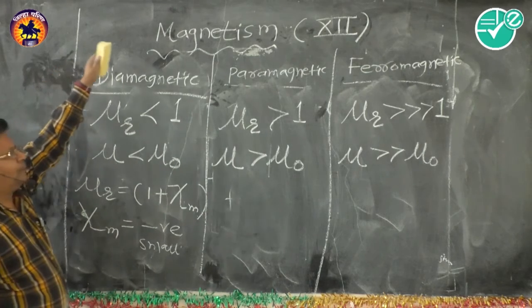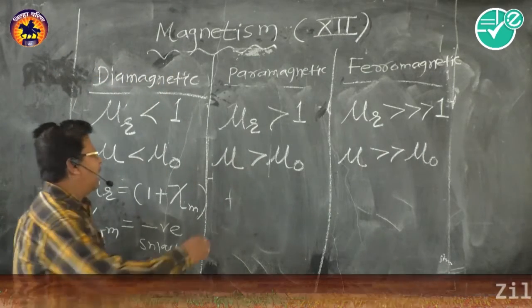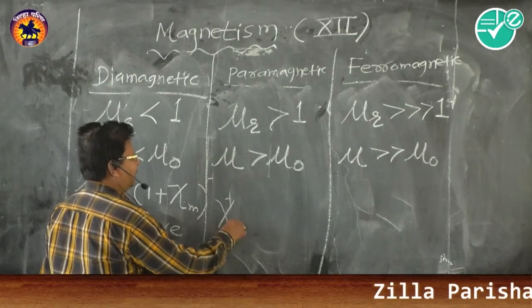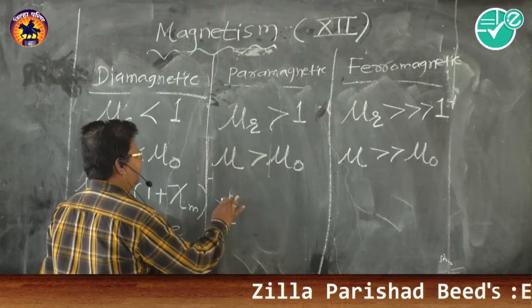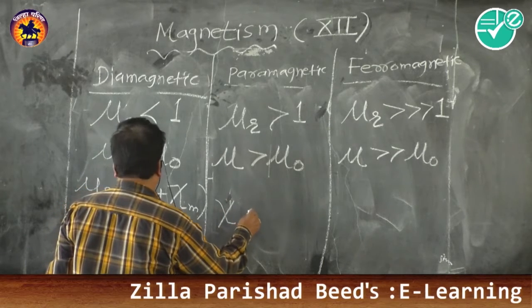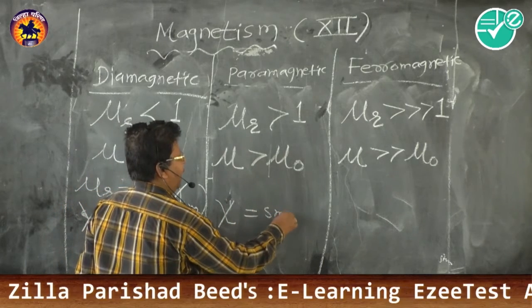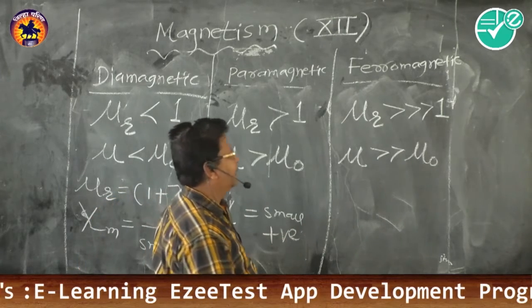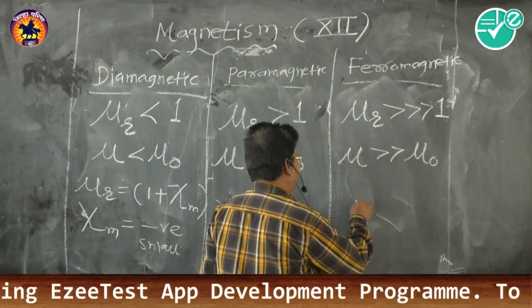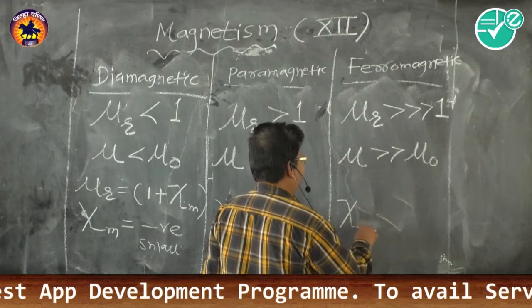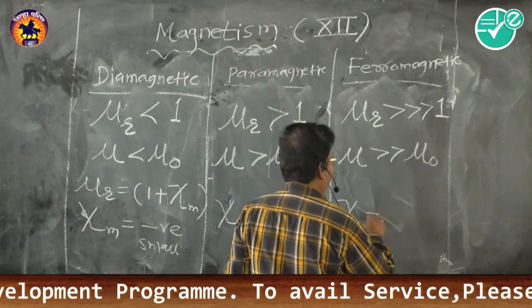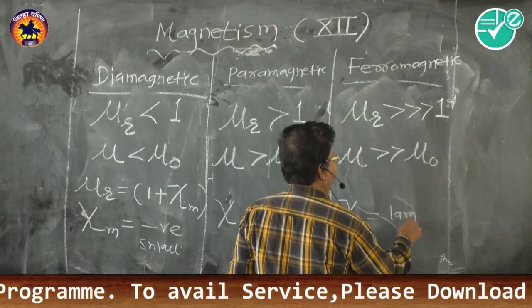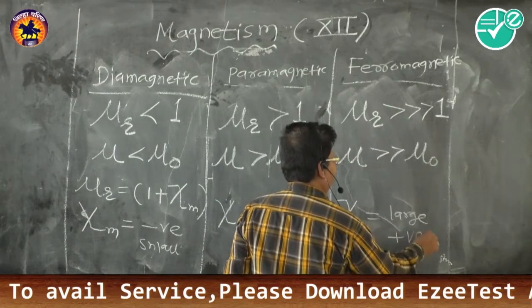For paramagnetic substance, the magnetic susceptibility is small and positive. And in case of ferromagnetic material, magnetic susceptibility is large and positive.